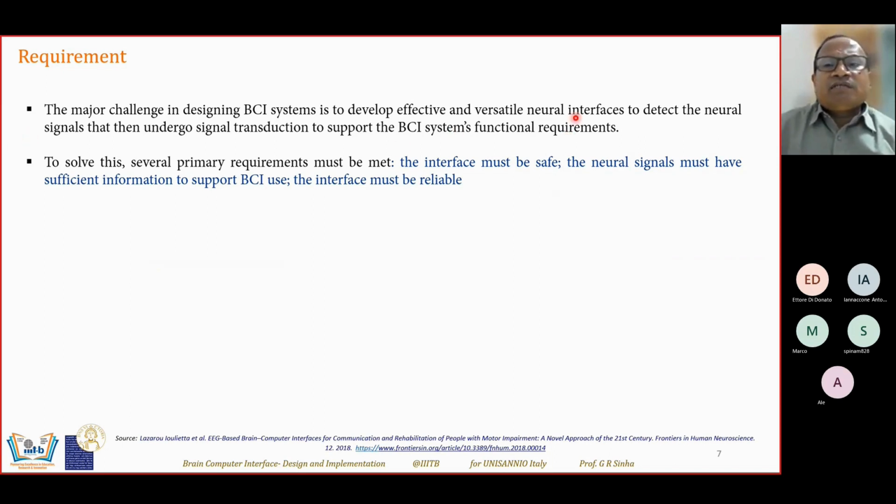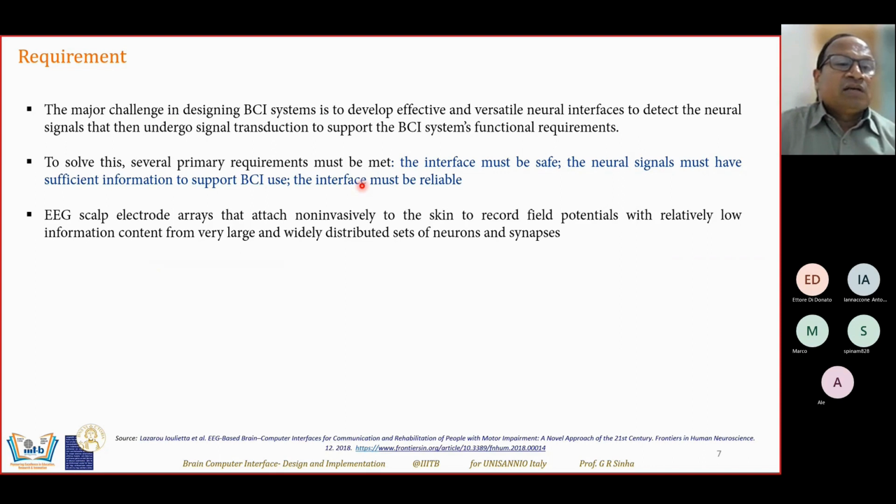To solve all these difficulties, because getting a versatile BCI to address all the different combinations is very difficult, several primary requirements are needed, like the interface must be safe. Whatever versatile interface is being designed must be safe. Neural signals must have sufficient information to support BCI use, and it must be reliable as well.